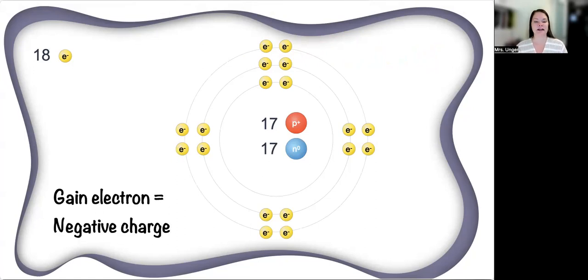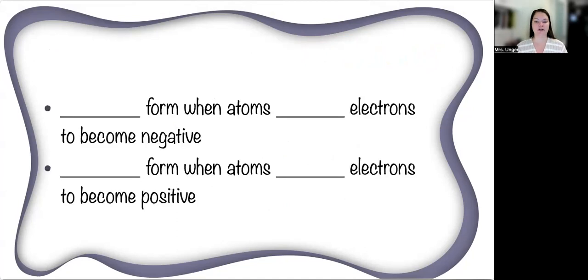So if we're taking a look at our notes, now we know what kind of charges can come from the gaining or loss of electrons. And so we need to identify the names of those types of ions. Anions are going to happen anytime you have an atom gaining electrons. And remember that gaining electrons means becoming more negative. On the flip side, cations are then going to form when atoms lose electrons.